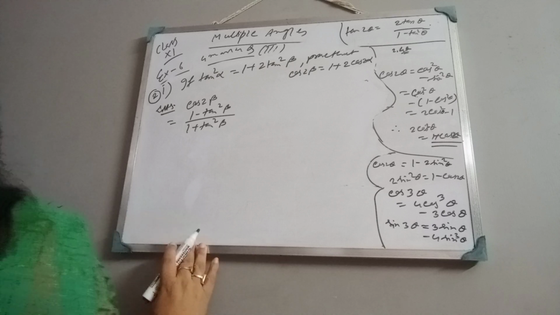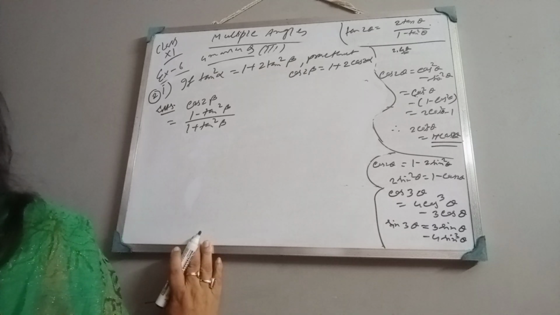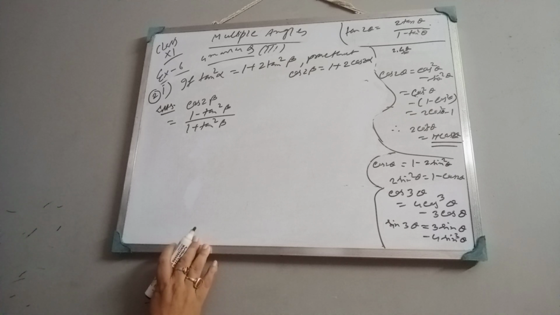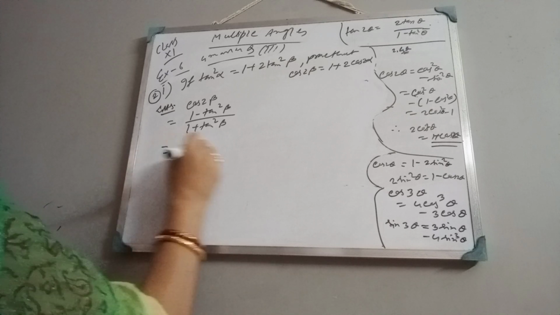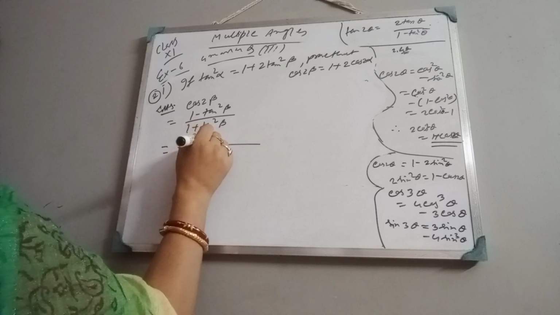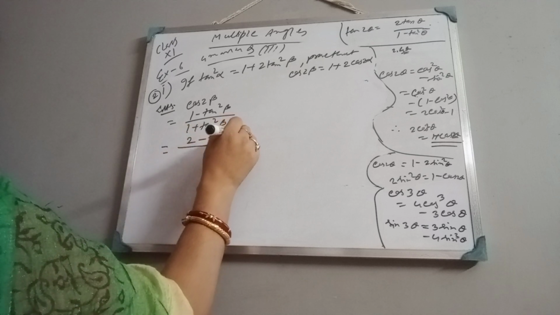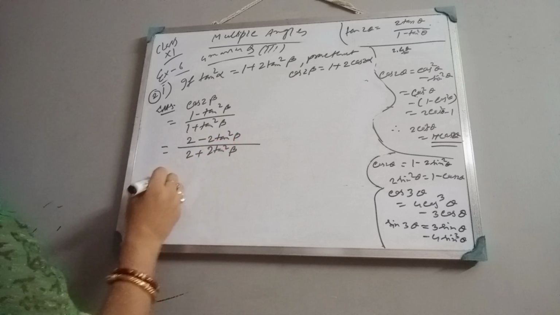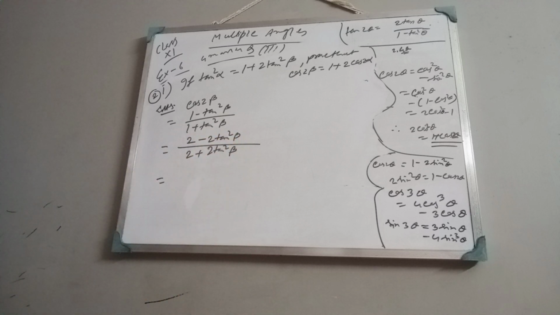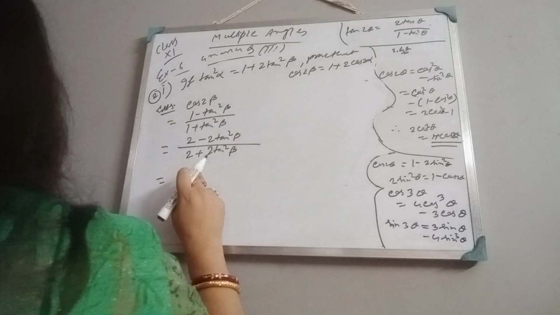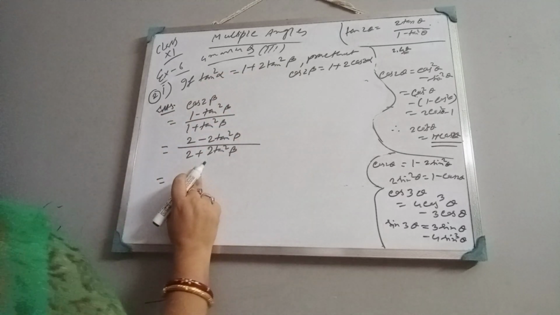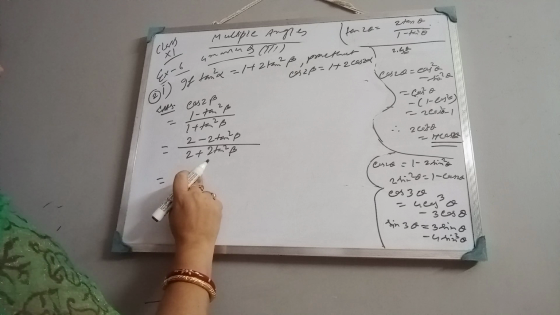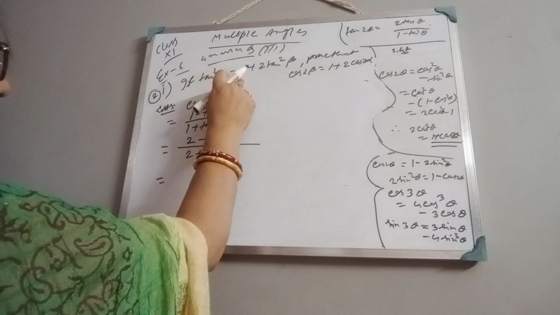Okay. Now next is (1 minus tan² β) by (1 plus tan² β). We can multiply both numerator and denominator by 2. Then we get (2 minus 2 tan² β) by (2 plus 2 tan² β). Now 1 plus 2 tan² β is there, so 2 tan² β means tan² α minus 1.